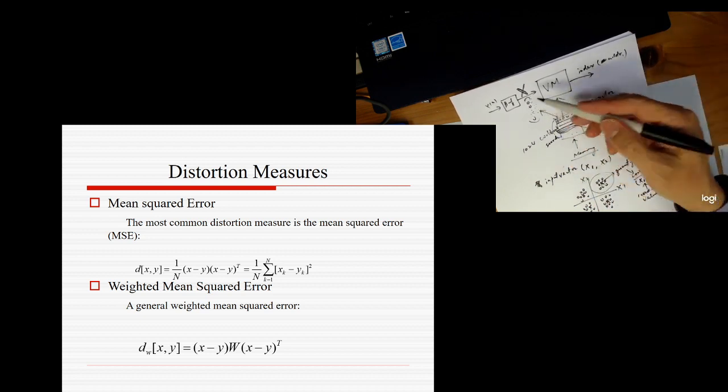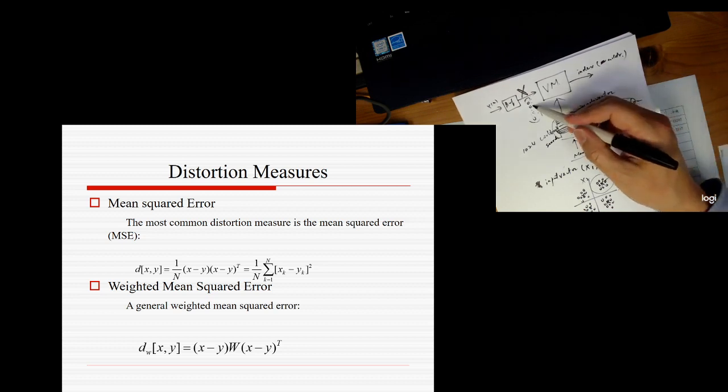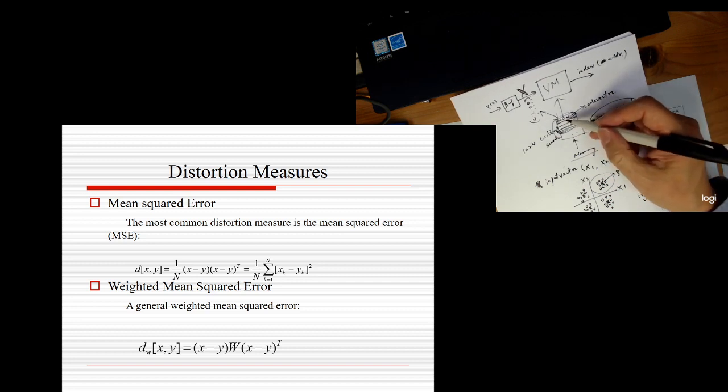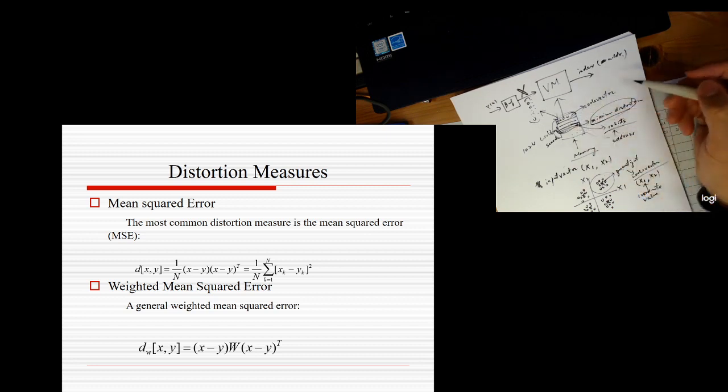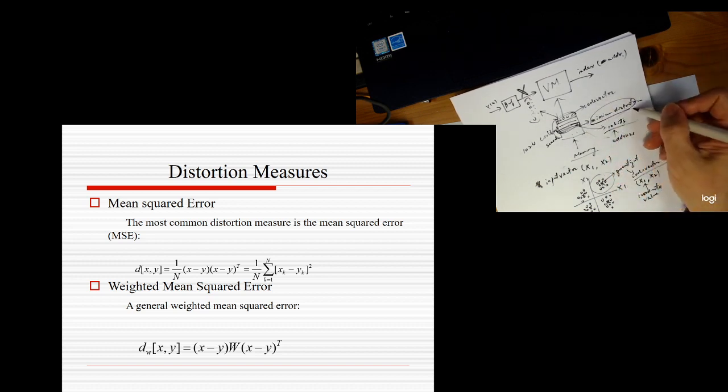The first code vector calculates distortion, then the input vector is compared with code vector 2, and so on, calculating distortion with the whole set of code vectors. Try to find which vector is the winner. That winner has minimal distortion.